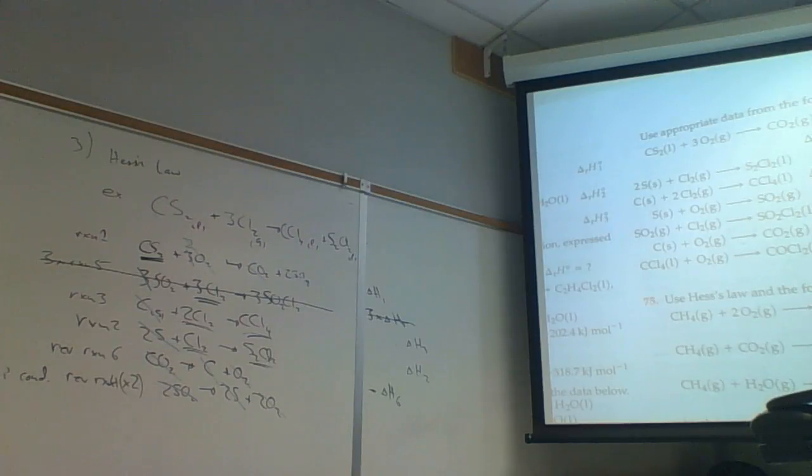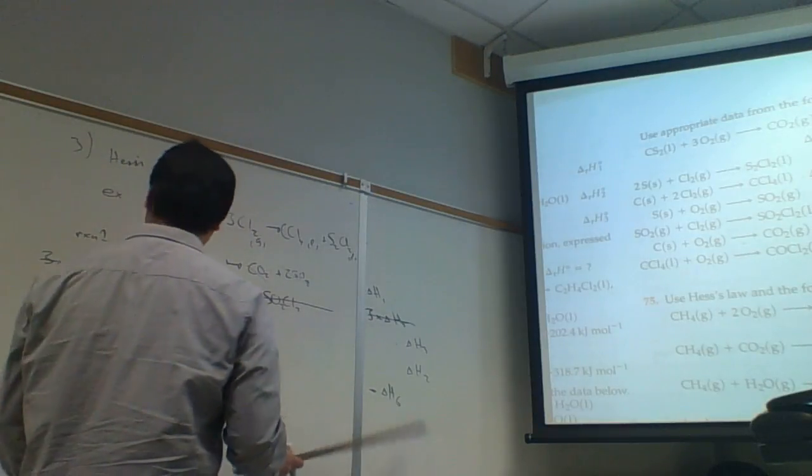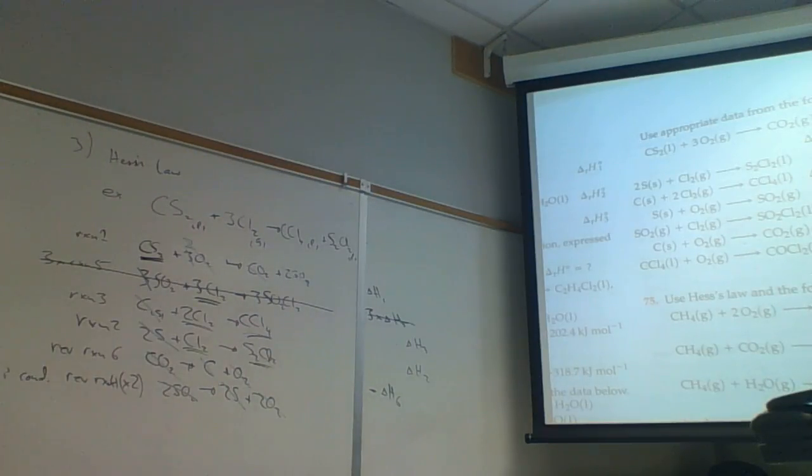Now delta H for this reaction is equal to, if I did everything right, we just add up the steps. So Hess's law says the delta H for the reaction is equal to the sum of the delta H's for the individual steps. And so let's go ahead and sum those up.